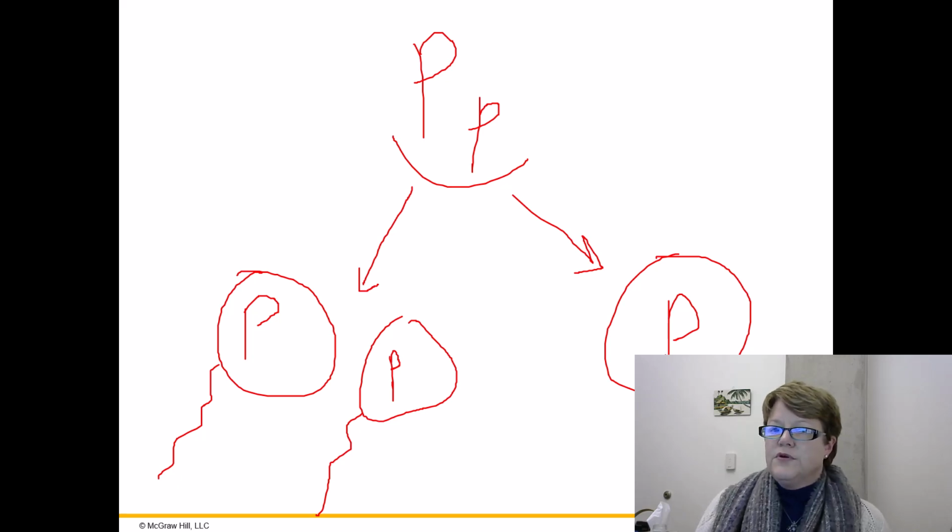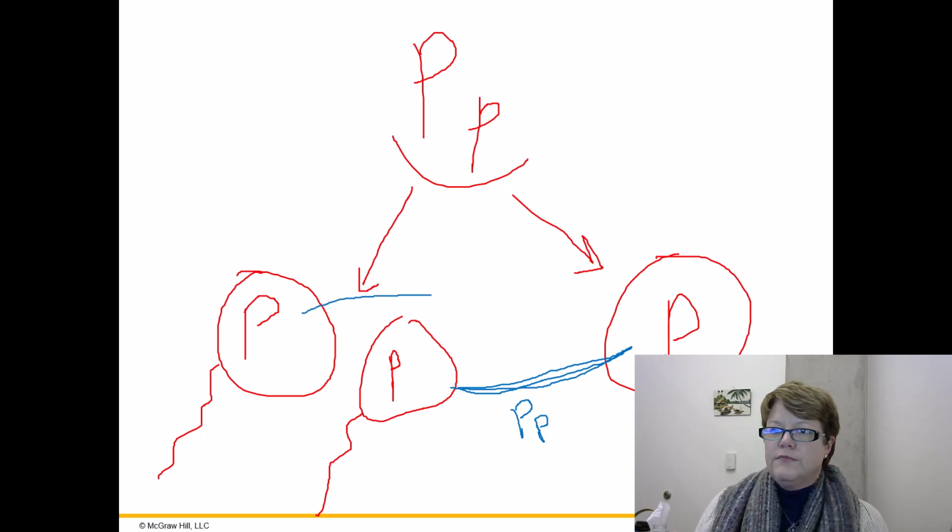Now, when egg and sperm meet, any sperm can meet up with any egg, potentially. And so, let's say this sperm, let me get a different color of ink. Let's say this sperm meets up with this egg. Then the zygote will be big P, little p. I'm going to write that in blue, the outcome. Big P, little p will be the zygote, the offspring.